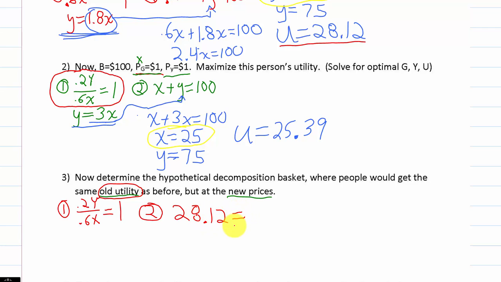Set that equal to the utility function, x to the 0.2, where this is the gasoline, times y to the 0.6. And what this does is guarantee that whatever values for x and y we solve for here, it's going to give this person the same utility as they had before the prices went up. So it's going to get them back to that old utility level.